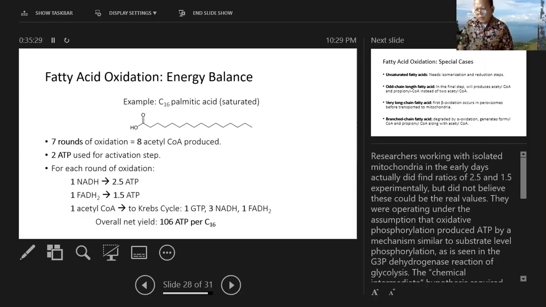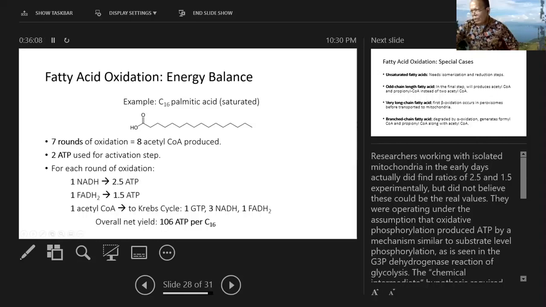Now let's see the energy balance of fatty acid oxidation. For example, palmitic acid. This lipid is a saturated fatty acid. It undergoes 7 rounds of oxidation and acetyl-CoA is produced.